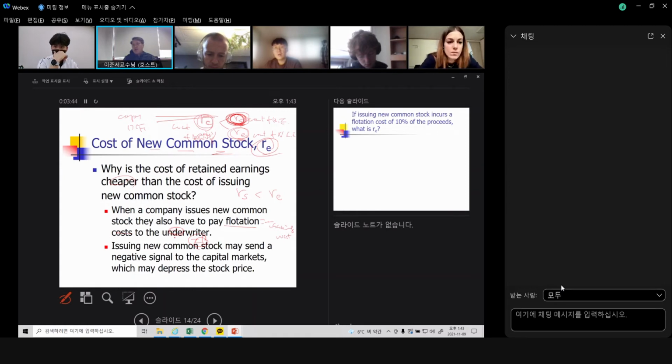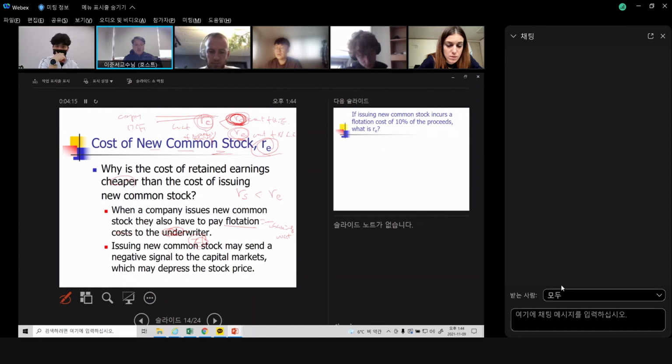The underwriter can make decisions about the size, the period, when is the most appropriate time to issue the new securities, what price is the best price when they issue the securities, and how many securities we should issue. Those kinds of things are very important in issuing new securities.